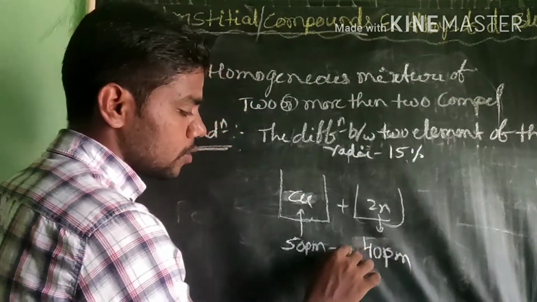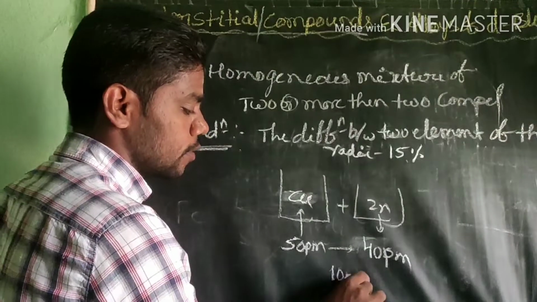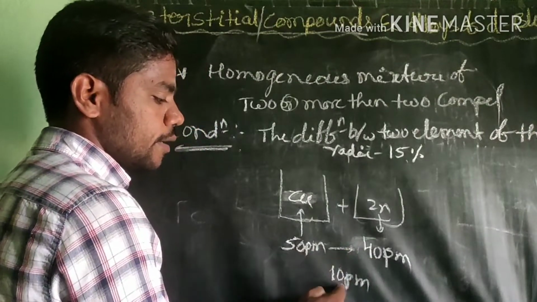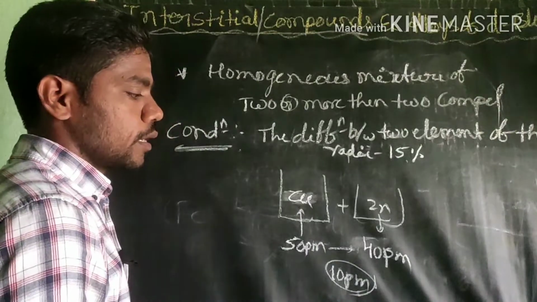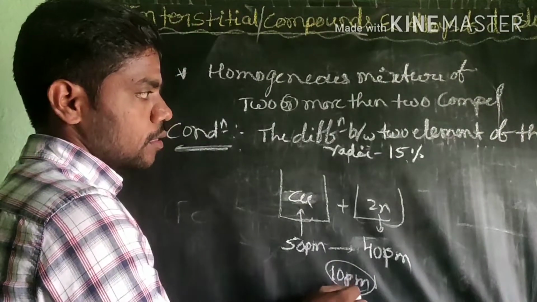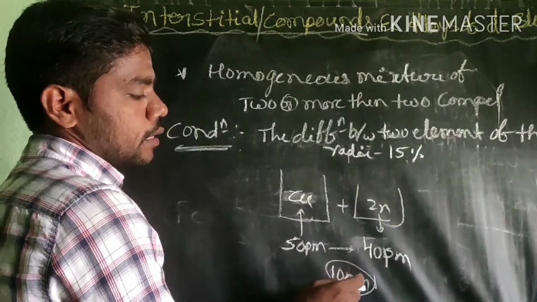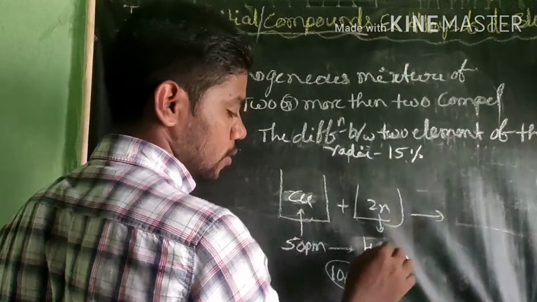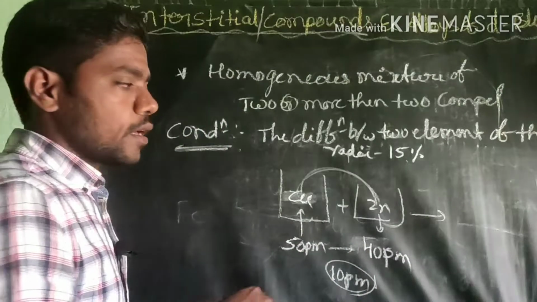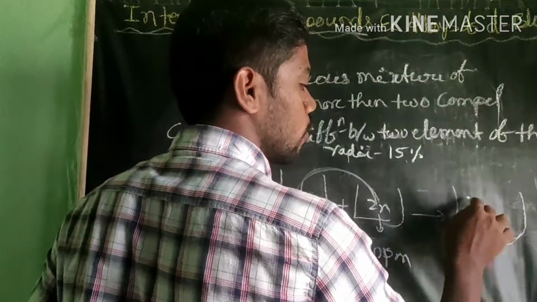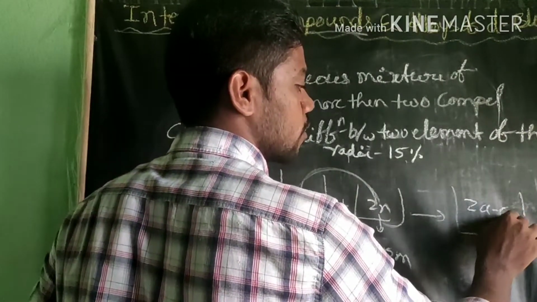The difference between these two is around 10 picometer, 50 minus 40. If the difference is 10 picometer, then it very easily mixes. They are soluble, they mix with each other, and it forms the compound copper and zinc.